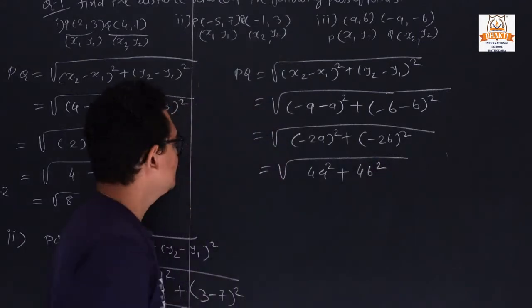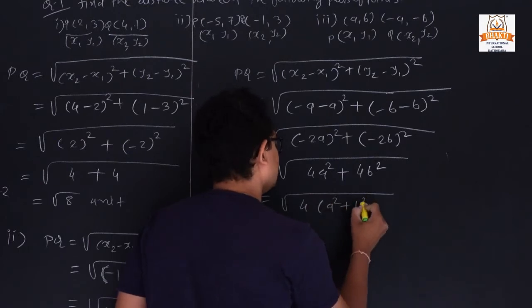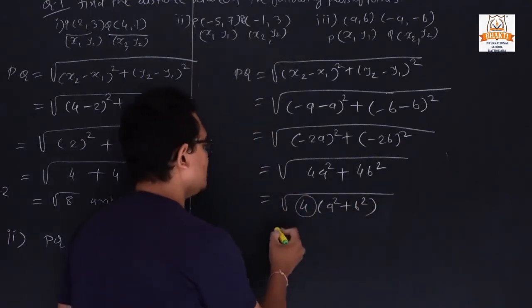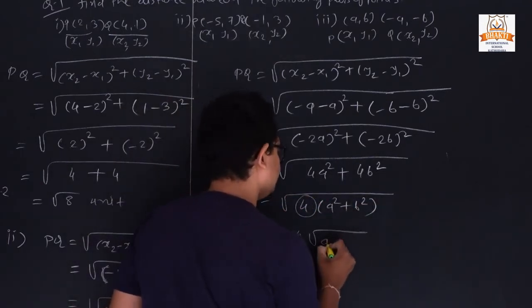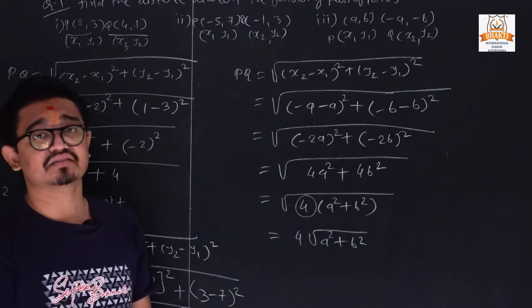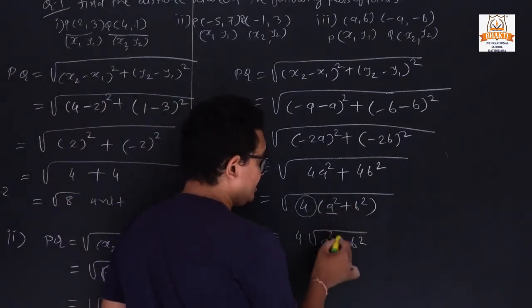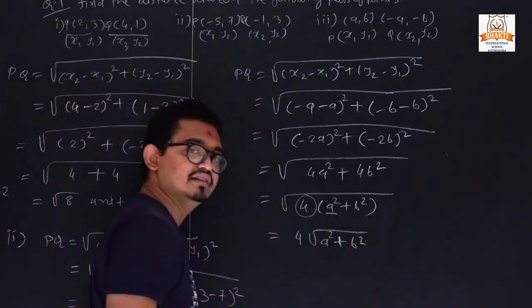So we can take 4 as common. So what is the square root of 4? It is only 2. So what is our answer? 2 under root a square plus b square. You cannot take the square root of a and b separately because here we have a plus sign. Clear?